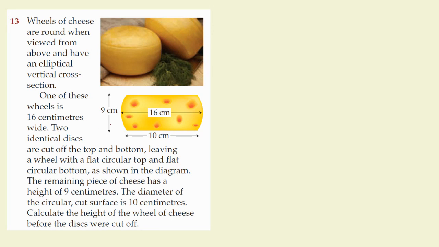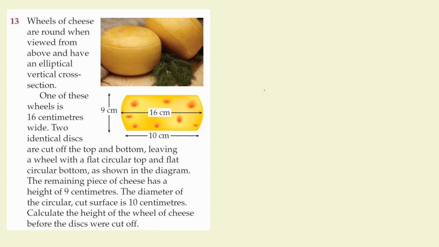One of these wheels is 16 centimeters wide. Okay, 2 identical discs are cut off the top and the bottom, leaving the wheel with a flat circular top and a flat circular bottom, as shown in the diagram. The remaining piece of cheese has a height of 9, and the diameter of the circular cutout is 10. Calculate the height of the wheel of cheese before the discs were cut off.